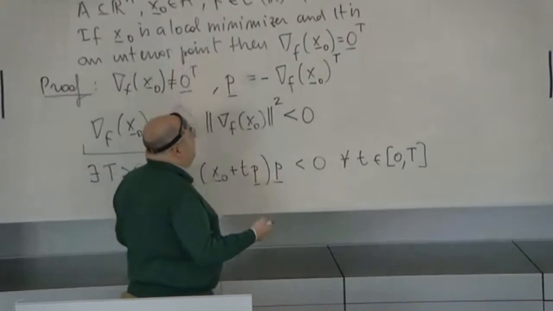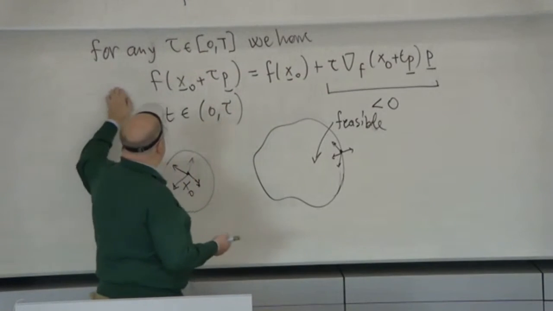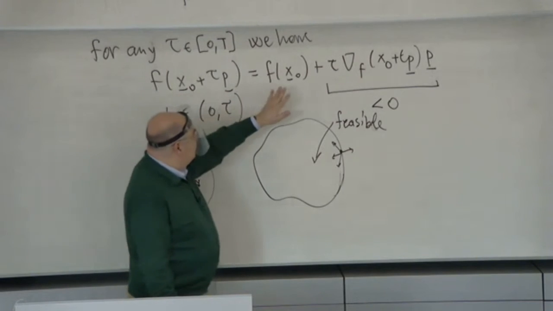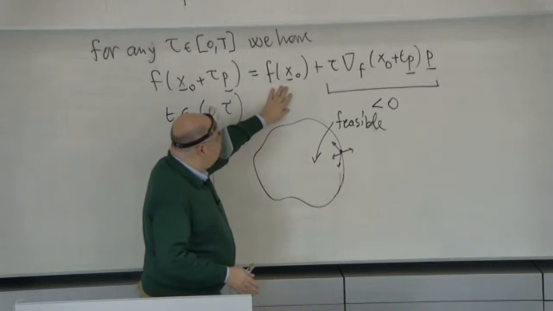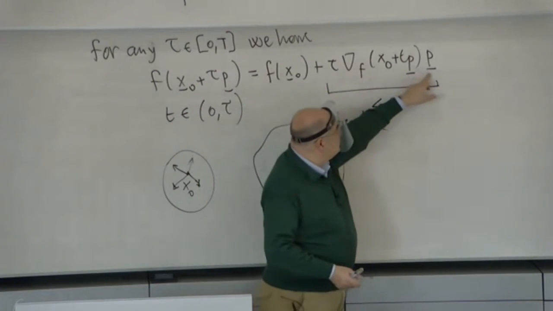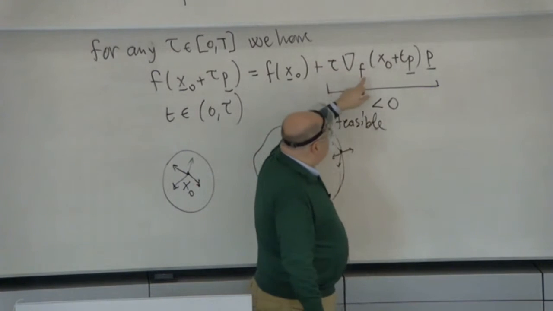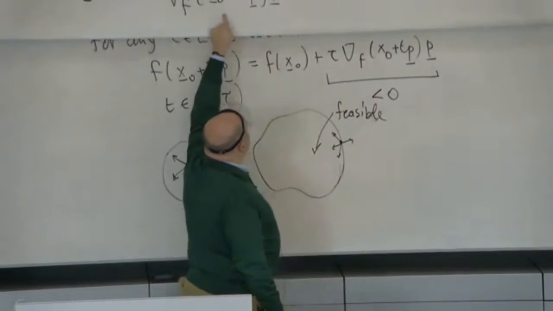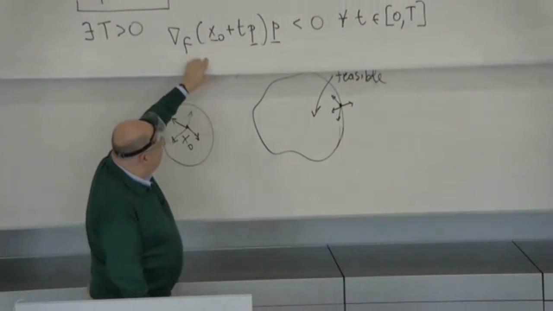And then after that, we just rely on the Taylor expansion of this. We take a variable tau and ask what the value is if you move along that direction. The value is the value at the point plus tau, times the gradient, times p.